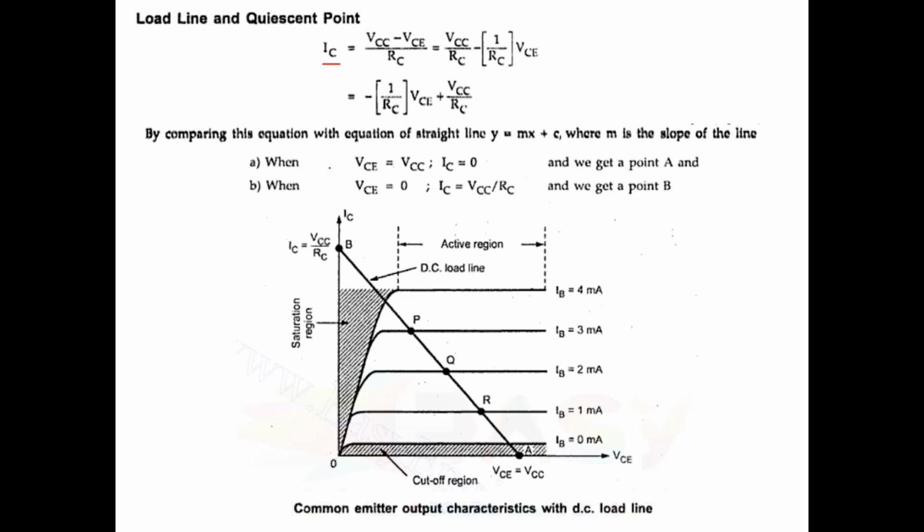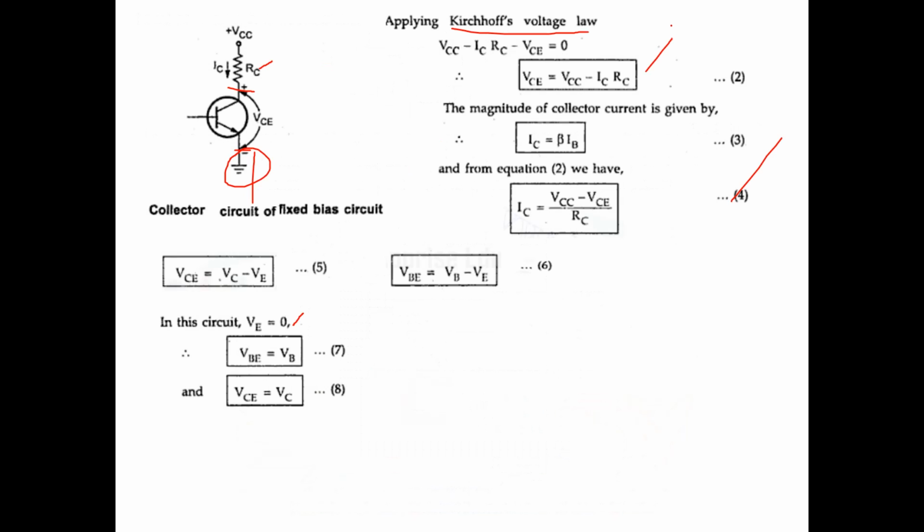When VCE is equal to VCC, it means the collector to emitter voltage is equal to the DC power supply, which means there is no IC. You just have to understand, if there is no IC, then only you can say that VCE is equal to VCC, according to equation 4.